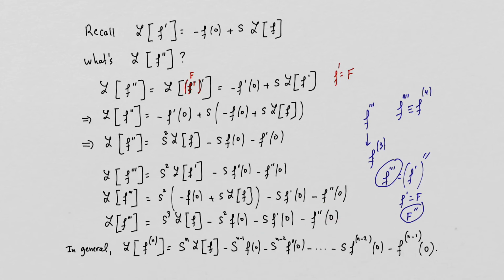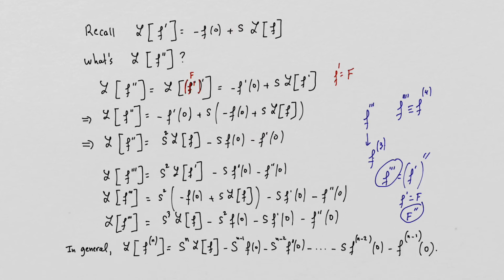See? So for the Laplace transform of f triple prime, you get the Laplace transform of f times s cubed, and then s squared and s and nothing. For the double prime, you get the s squared and the s and nothing. For the prime, you just get the s and nothing.